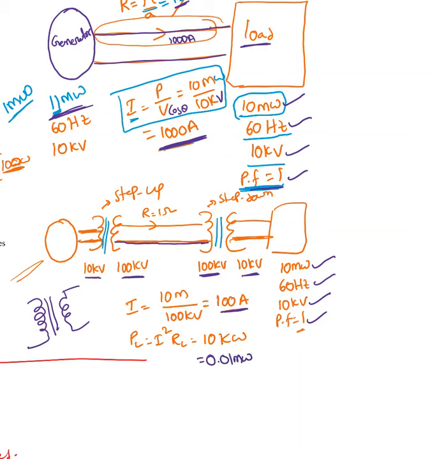In the previous case, the power plant had to generate 11 megawatts. Now, in this case, it has to generate only 10.01 megawatts. So we reduced the transmission line losses a lot by using a transformer. That's the main advantage of a transformer. We can transmit energy over longer distances with minimum losses. That is the main purpose of a transformer.